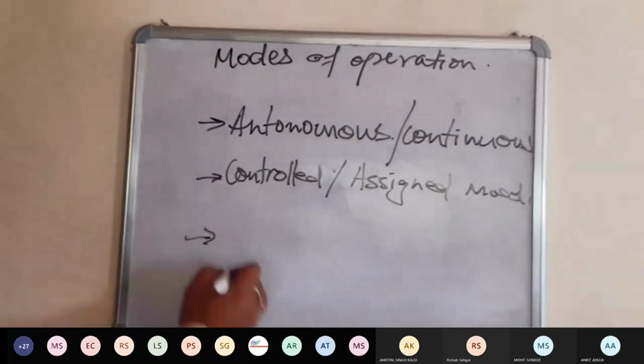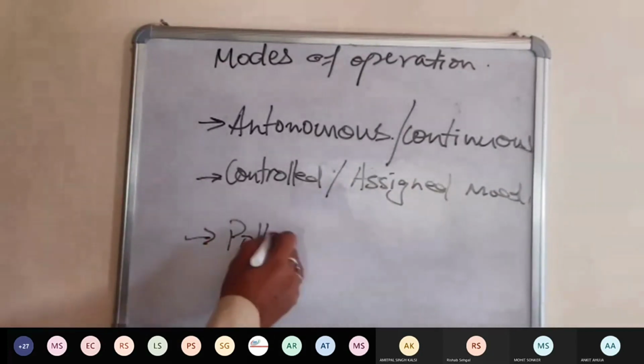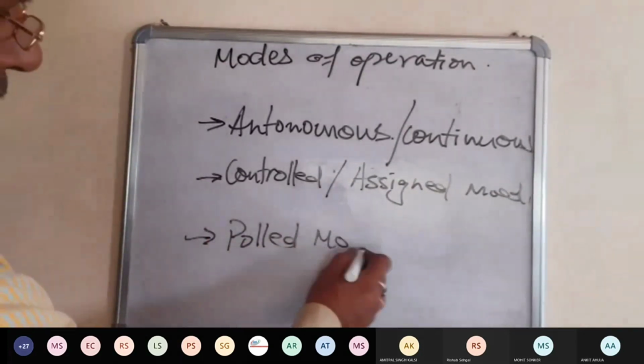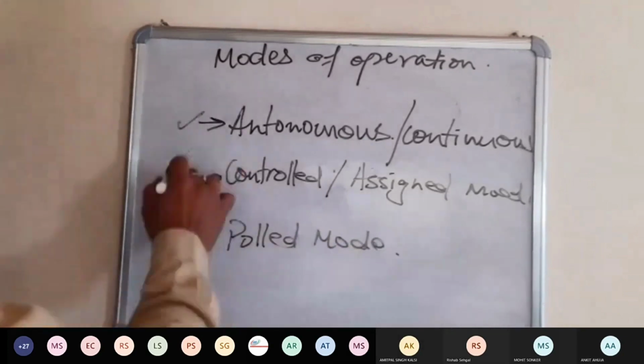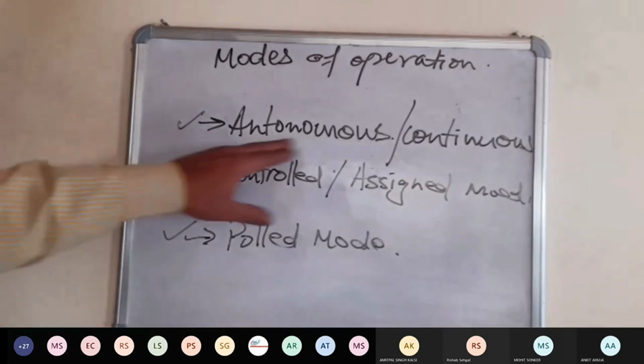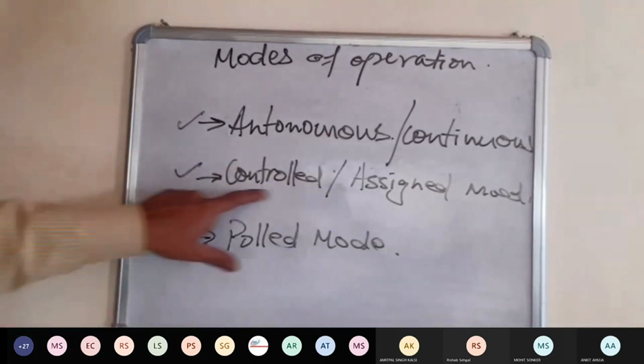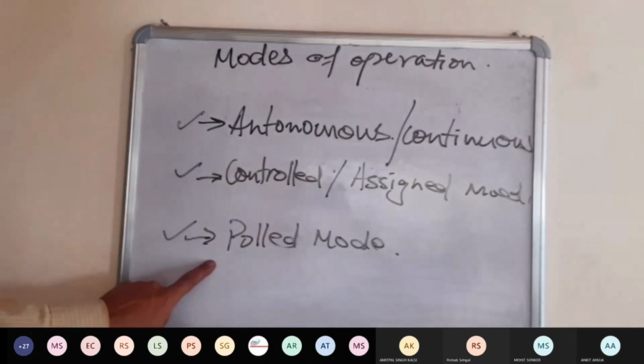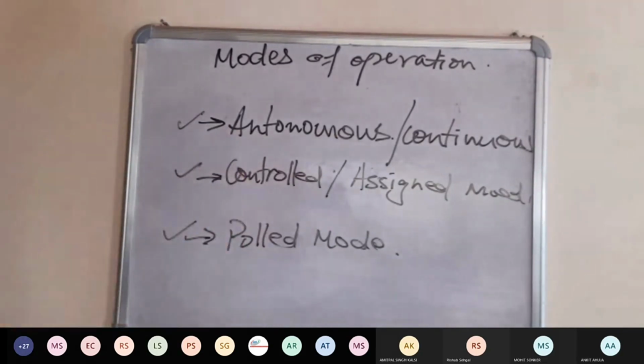And third one is called cold mode. There are 3 modes in which it can operate: autonomous or continuous mode, controlled mode or assigned mode, and third one, cold mode.